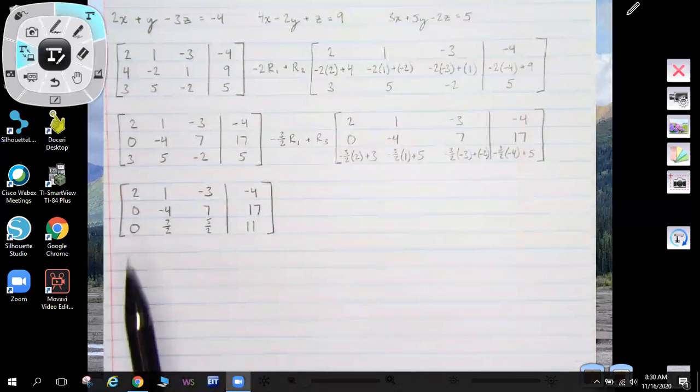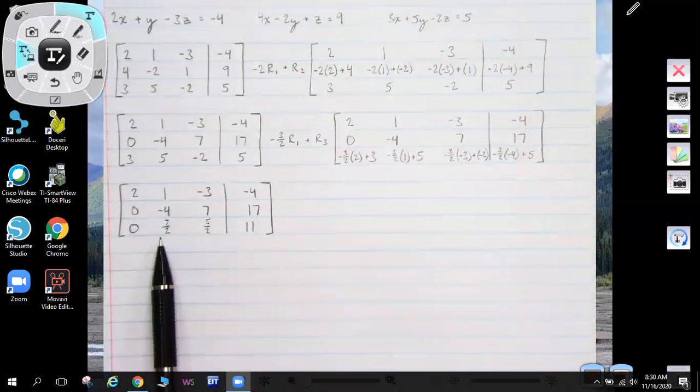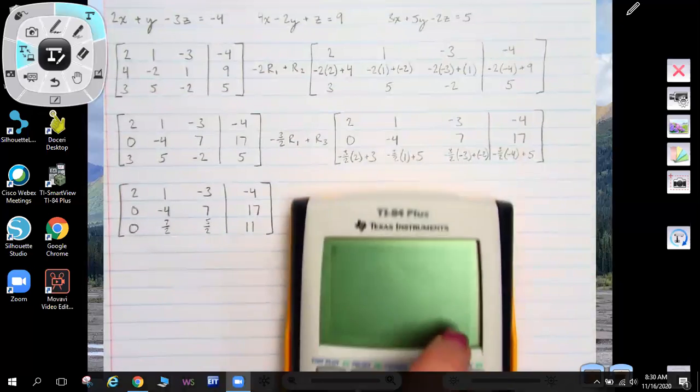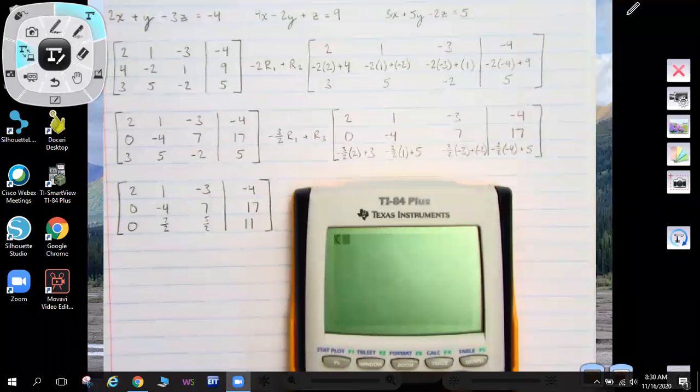So we're not going to create more work for ourselves. So to figure out how to get this -4 to cancel out with this 7/2, we'll do the same thing that we did earlier. We're going to do 7/2 divided by 4. We get 7/8. So what that means is 4 times 7/8 is going to give us 7/2.